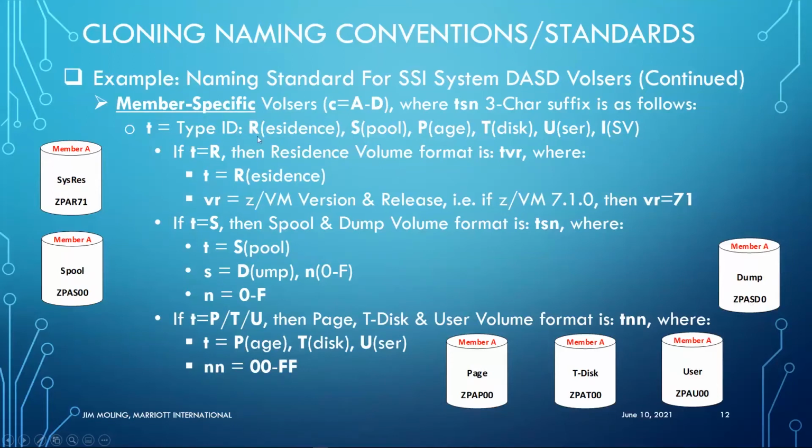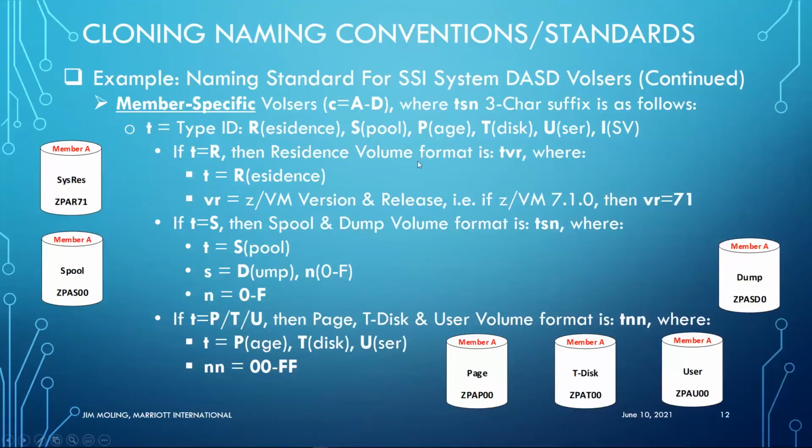As it shows here for the type, it can be either a sysres, residence volume, a spool volume, a page volume, a TDISK, temporary disk volume, a user volume again, but this is at the member-specific level, and an ISV or vendor volume again at the member-specific level.